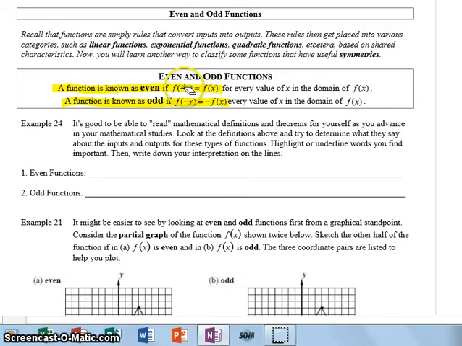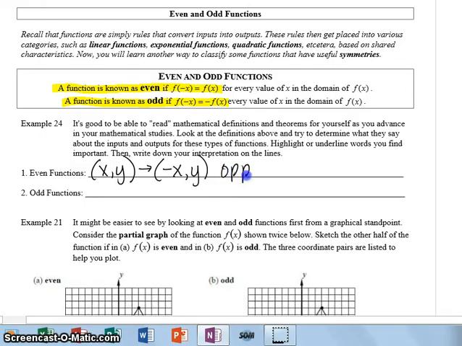What this is saying is, remember, there's a negative on the inside, it's a reflection over the y-axis, and it's equal to your original function. So what that means for even functions is, if you have some point, it can be any point, it comes out to be opposite x, but y doesn't change.